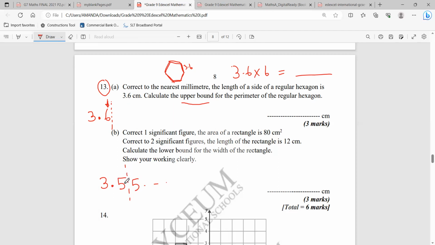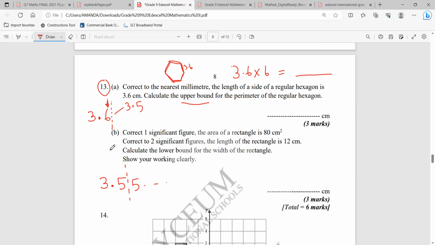And they're talking about the upper bound. 3.5 is one option. If it was 3.5 something, then you still get 3.6 after correcting to the nearest millimeter.